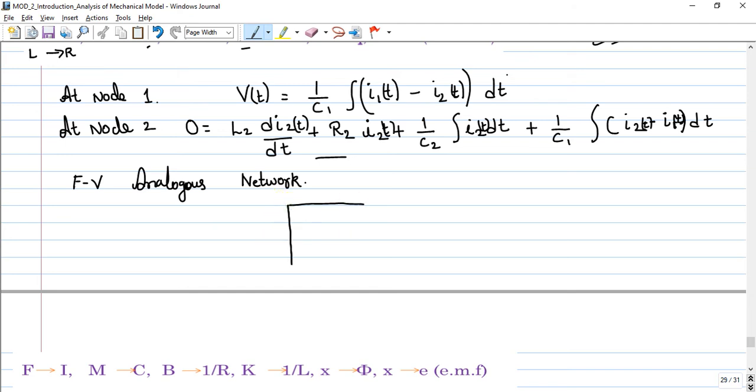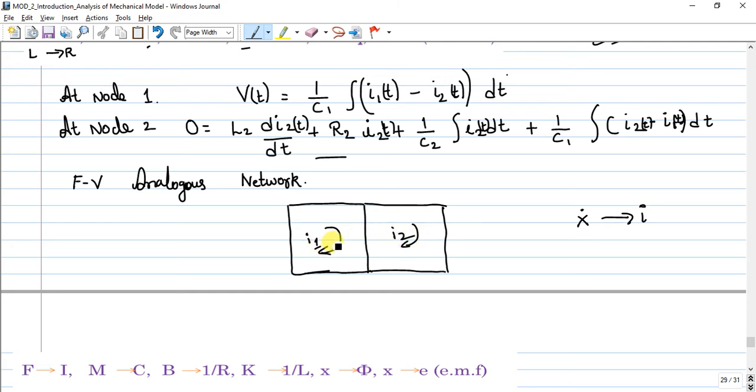Let me consider the first loop for x1 and the second loop for x2. So here we will consider x as I. Straight away you can consider the current I1 flowing here, and here I2.